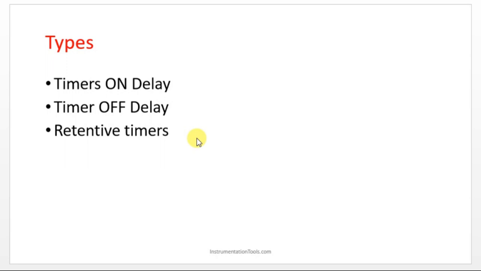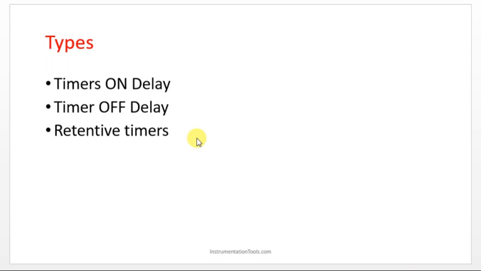And what may be the off delay timer? Obviously, it is used to give a time delay to turn off an output device. How will it work? Let's take the same example. You have a switch, you have a motor. You turn on the switch, your motor is running, fine.